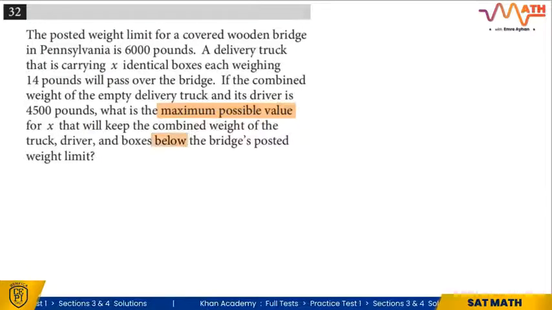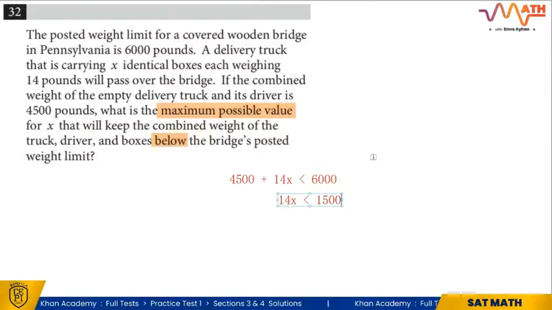Let me highlight. We will write first 4,500, then 14 times x boxes must be less than 6,000. When we move to the other side, it's less than 1,500, and x will be less than that divided by 14. The question is maximum, right?